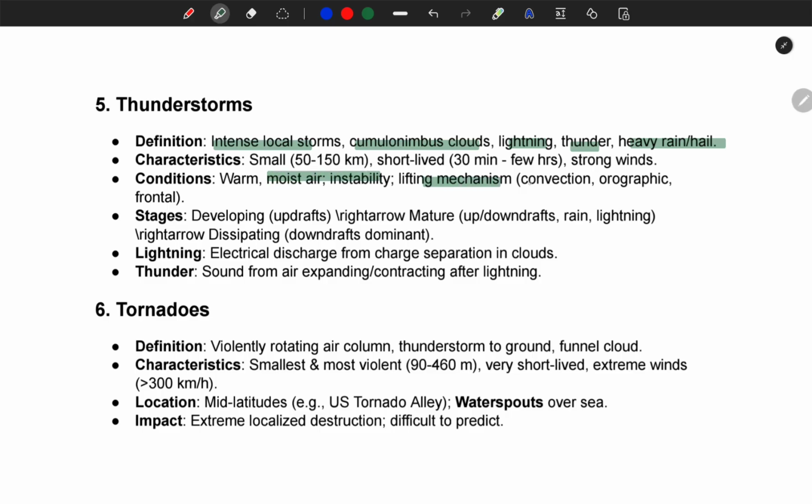Lifting mechanism: convection, orographic, frontal. Stages: developing, updraft; mature, updraft and downdraft, rain, lightning; dissipating, downdraft dominant. Lightning: electrical discharge from charge separation in clouds. Thunder: sound from air expanding and contracting after lightning.